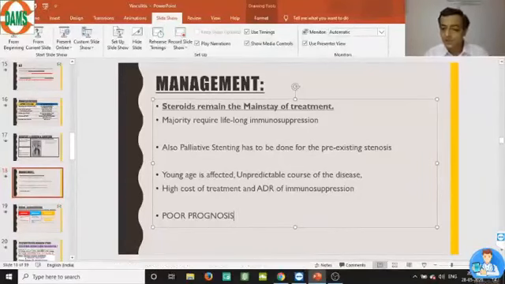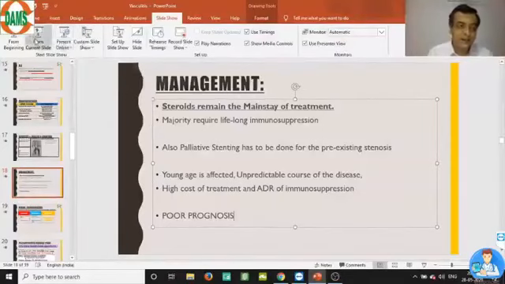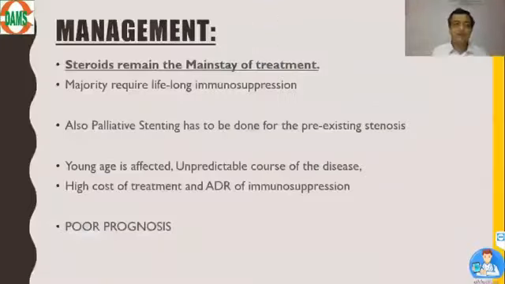Okay, so I am typing it for you here directly. There was a little error in the slide, so we got it here. In management, steroids are the mainstay of treatment.